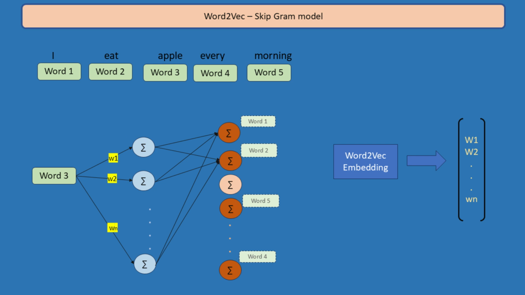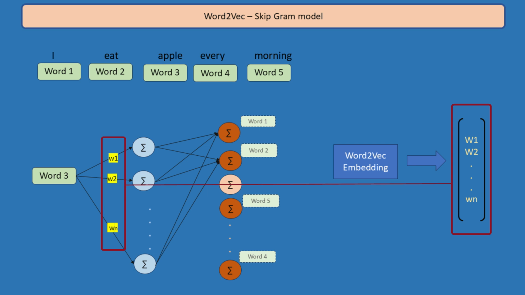In the continuous bag of words method we considered the weightages of the output layer, but here the weightages are of the middle layer. These weightages, when given in vector form, represent our word embedding for the word apple as per the Skip-gram model.